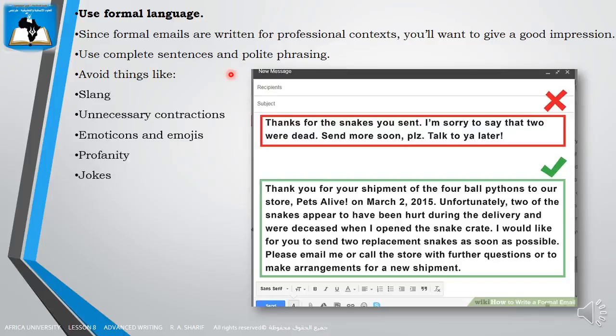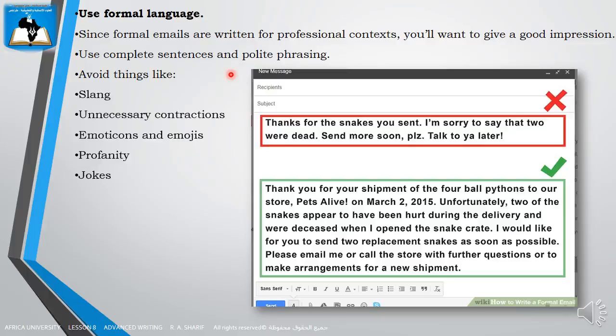Okay, so try to avoid these things in your formal email, because you are addressing someone strange to you, or someone you don't know maybe, or you are addressing a manager, so you need to be polite and official with him, or formal.